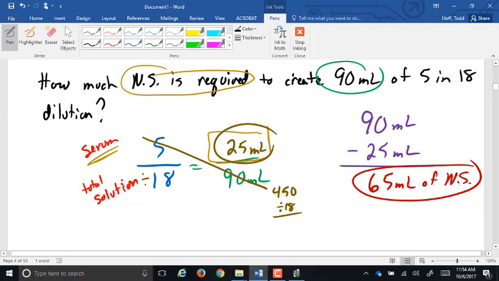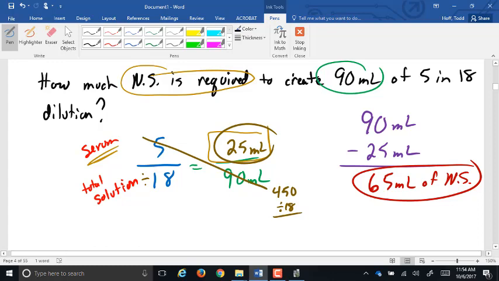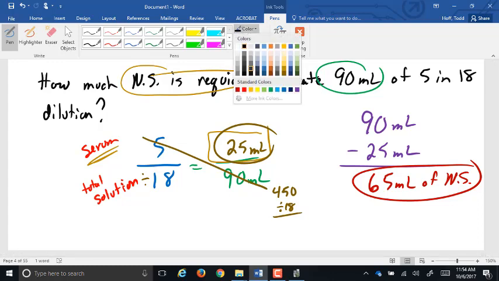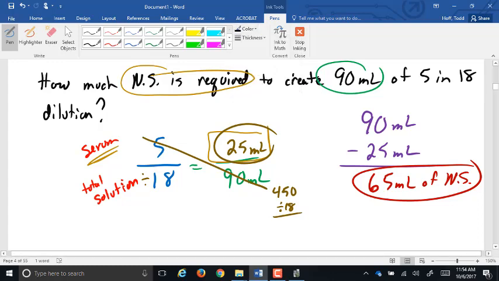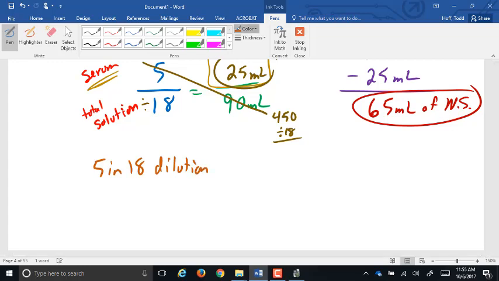Now, in this problem here, there are other ratios we could have used that would have worked maybe a little quicker, a little simpler. We have that 5 and 18 dilution. There are other ratios implied by that.